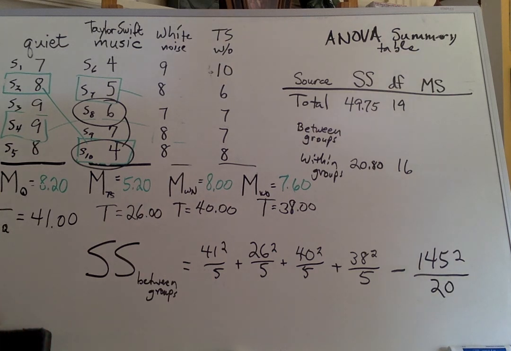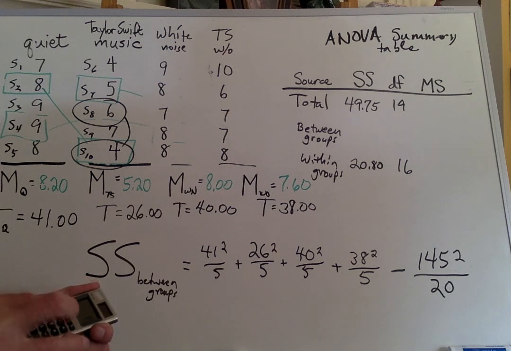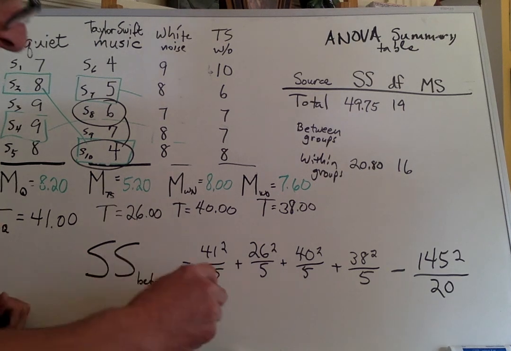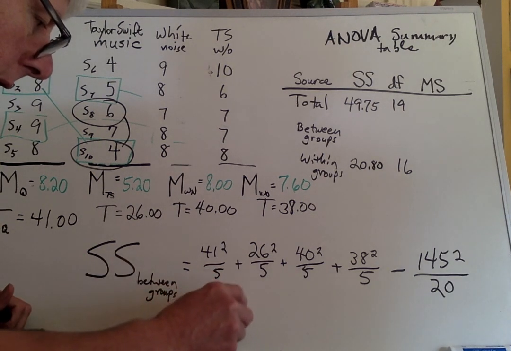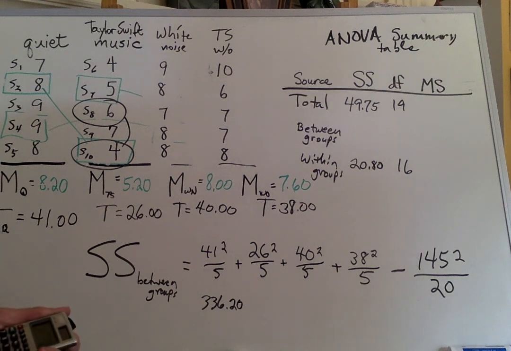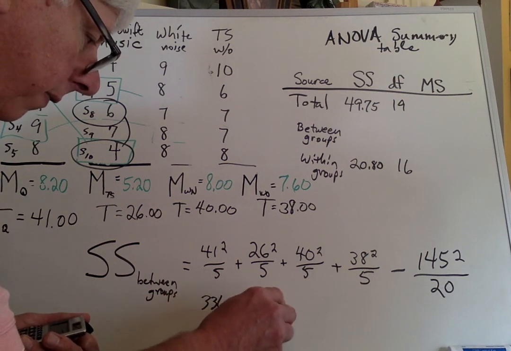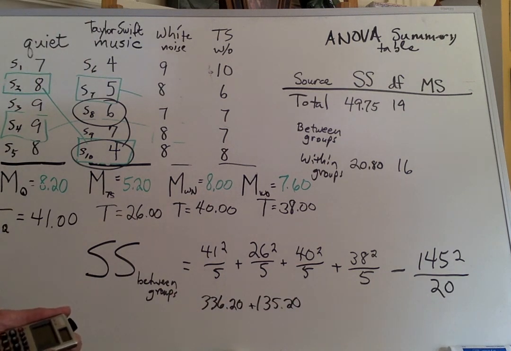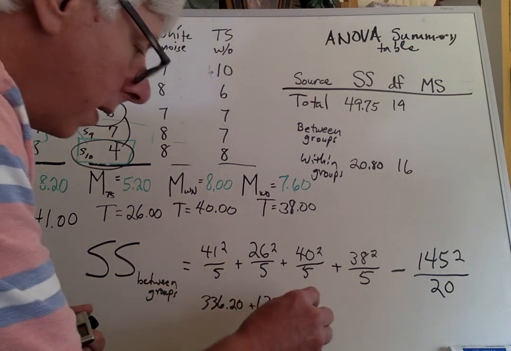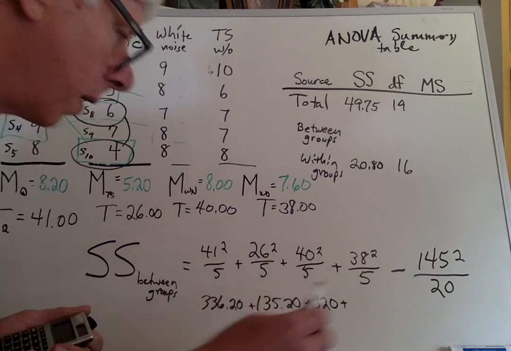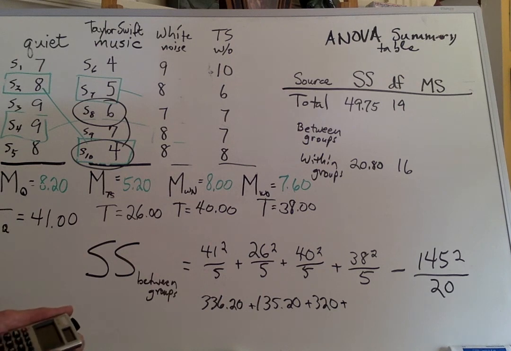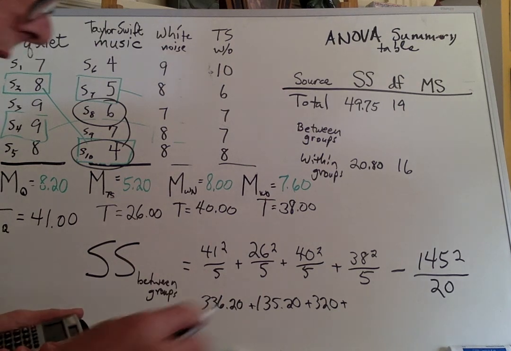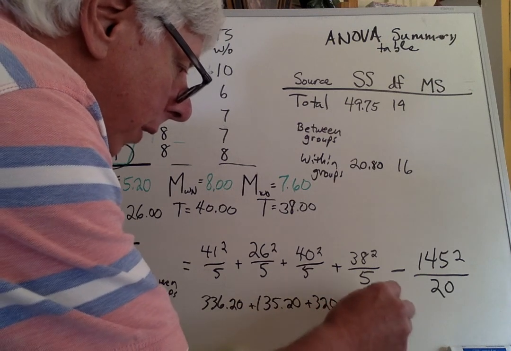So let's do this. Can we do this? 41 squared divided by 5: 336.2. 26 squared divided by 5: 135.2. 40 squared divided by 5: 320. 38 squared divided by 5: 288.8.